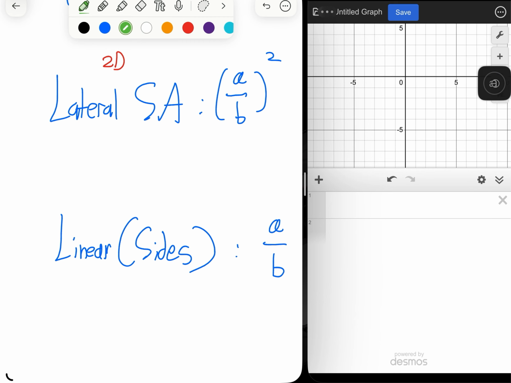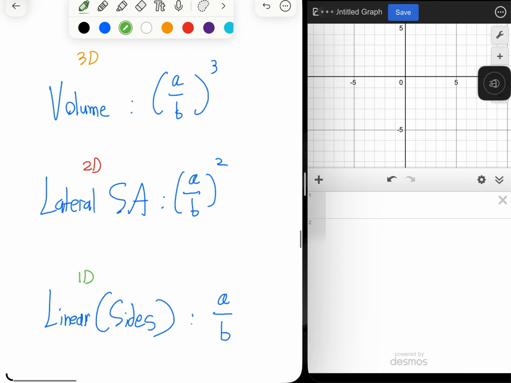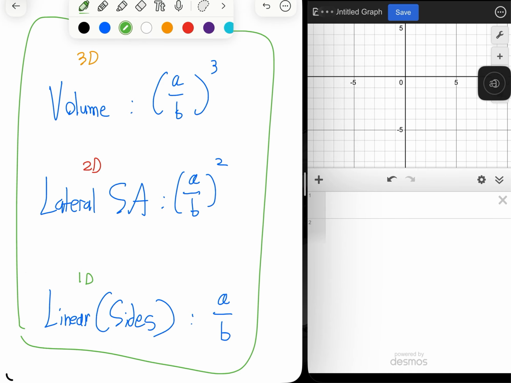Sides, if you look at one side of a figure, are a one-dimensional concept. So that's where the cubed, the squared, and the base factor itself come from. Again, that's the most simple definition, but now this is the important fact.